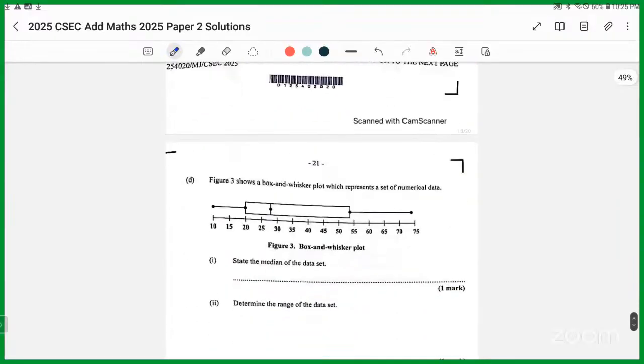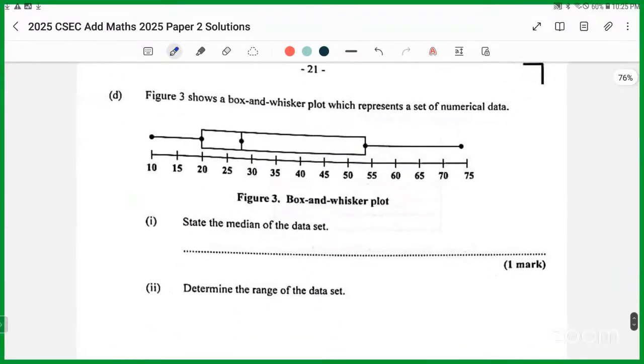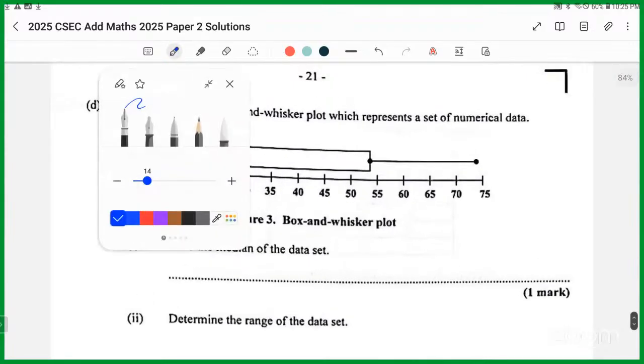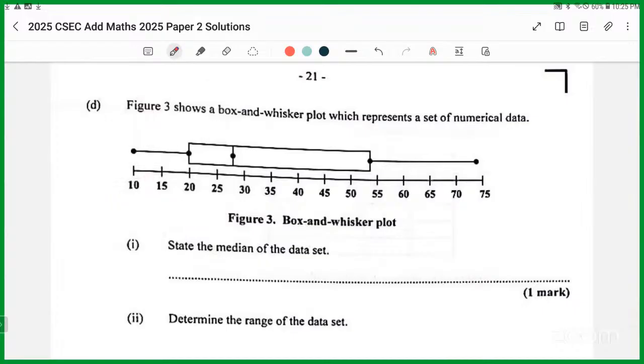Next question says, figure 3 shows a box and whisker plot which represents a set of record data. Remember, in this box and whisker plot, this is Q1, this is Q2, this is Q3, this is the highest value, this is the lowest value in the data.